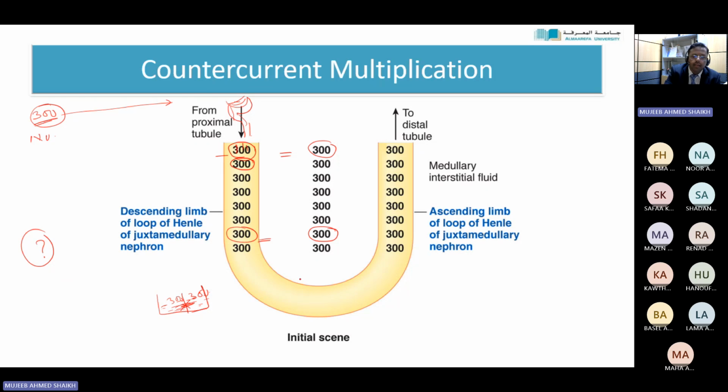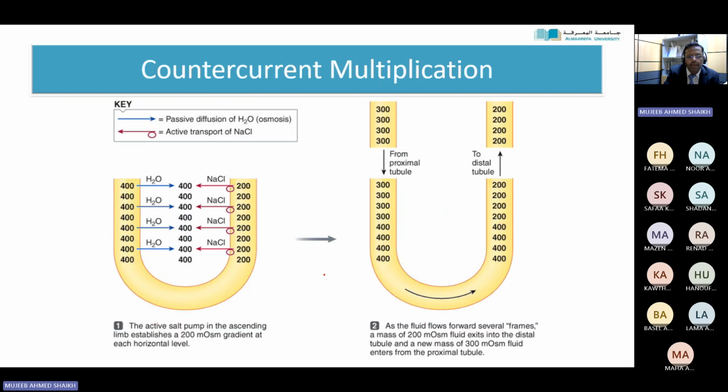Let us assume now that the function has just started. Just now the renal tubule started functioning. What will happen? As you know, in the thick ascending limb of loop of Henle, which type of channels are here?